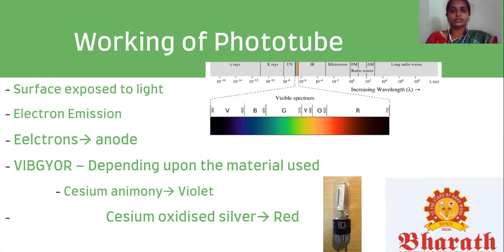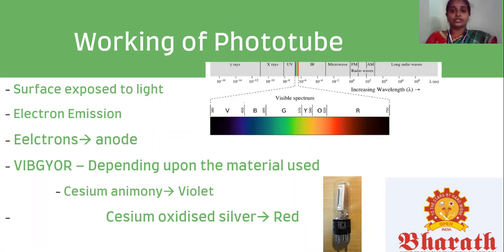The phototube works by means of a process called the photoelectric effect. Through this process, when the surface of the phototube's cathode is exposed to light, it emits electrons, and these electrons are attracted to the positively charged anode, creating an electric current.